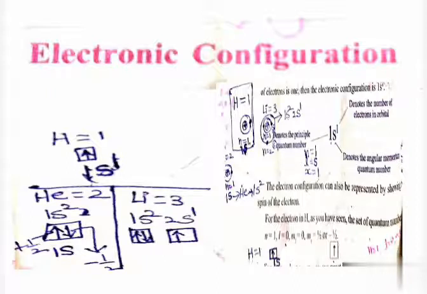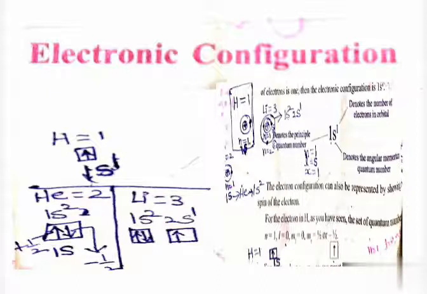In that, how many electrons are there? 1 electron is there. That 1 electron we should show with the spin. The spins are shown by an upward arrow mark and a downward arrow mark. Like this we can show an upward arrow mark. Like this also we can write hydrogen.